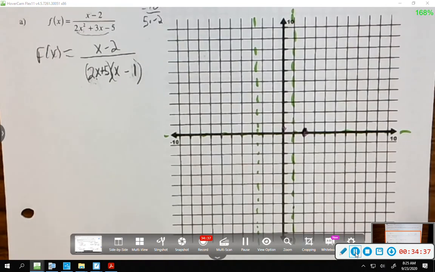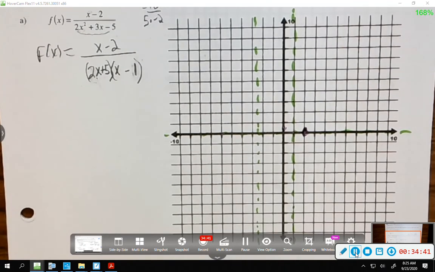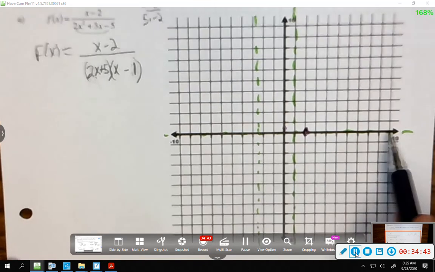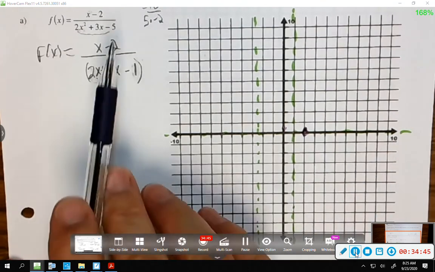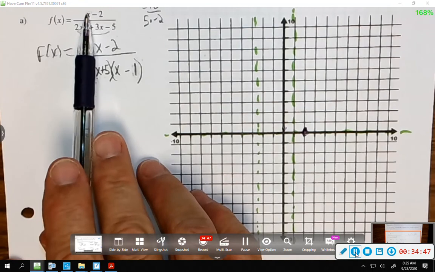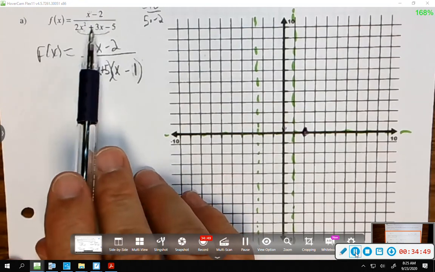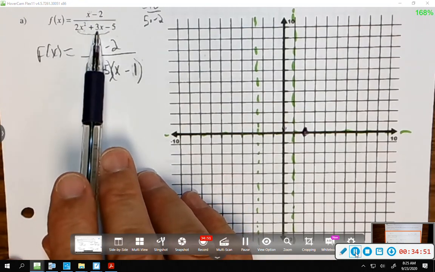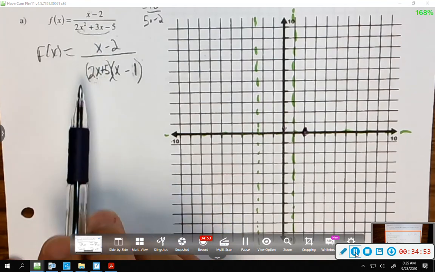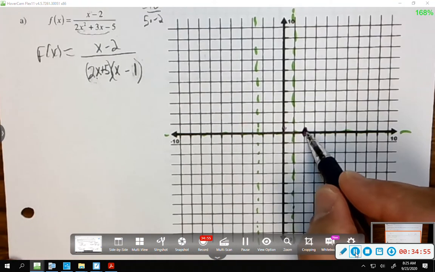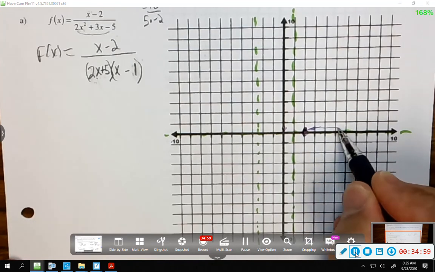Here is the key to this when we're graphing it. I have this horizontal asymptote. If I plug a number like 3 in, I'm going to get 1 over a fairly large positive number. It's going to be really close to 0, but it's going to be on the positive side. It's up here. And this has to approach this horizontal asymptote.